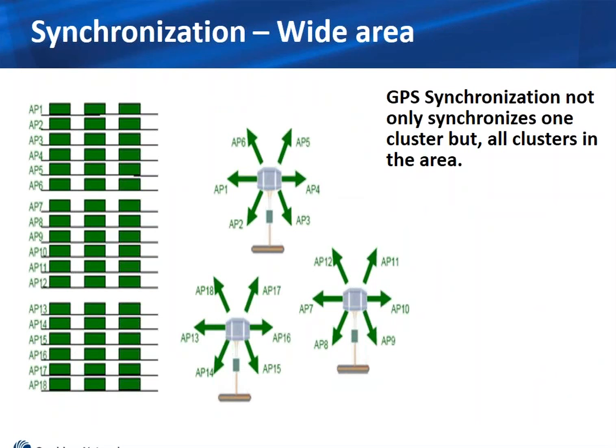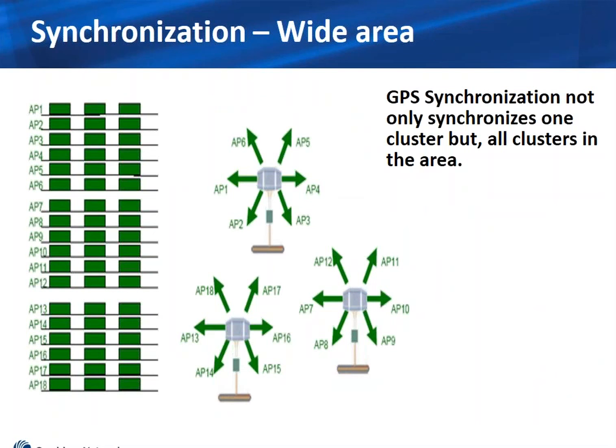So again, how do we do this? There are many different ways to achieve synchronization in a network. We most often employ GPS synchronization, global positioning satellites, not to derive any actual positioning information from it, but for the timing.